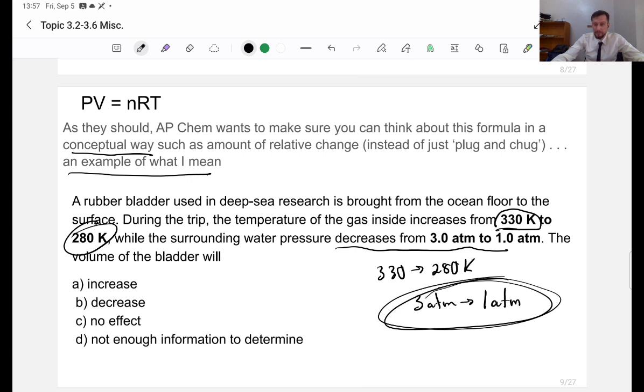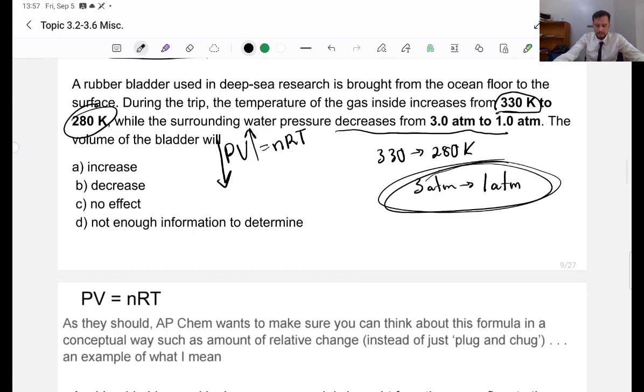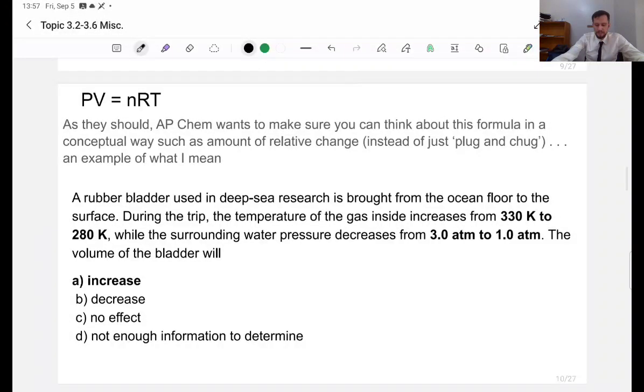Well, if the pressure is a bigger change, then that's going to be a bigger factor than any change in temperature, regardless of the direction temperature is heading. So in this case, the pressure is going way, way down. Well, looking at PV=nRT, if the pressure is going way, way down, then to compensate, if everything else remains relatively the same, volume must increase.